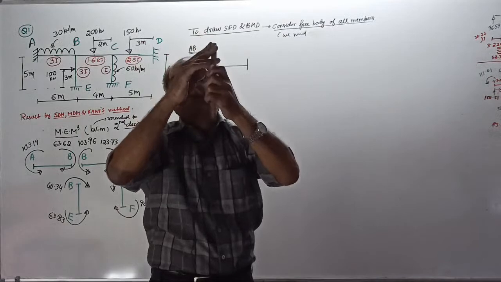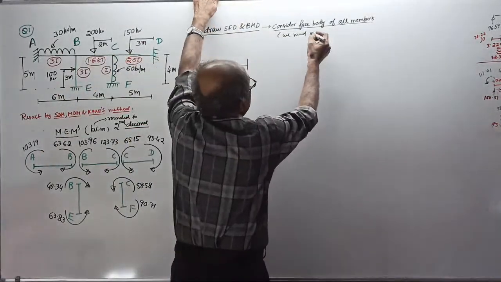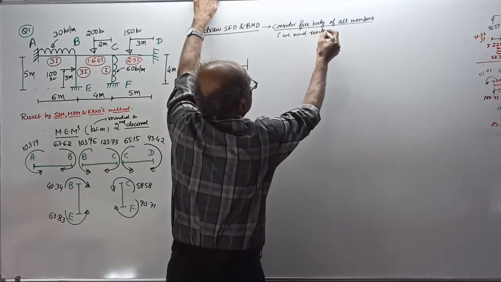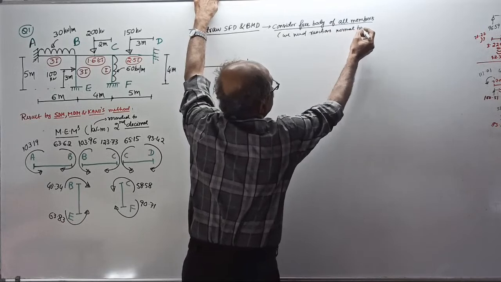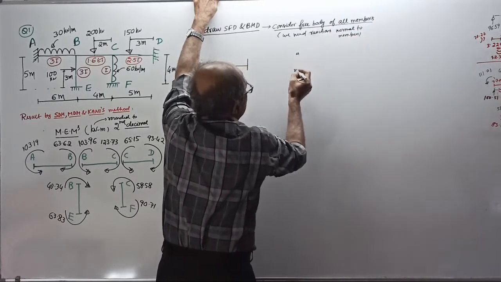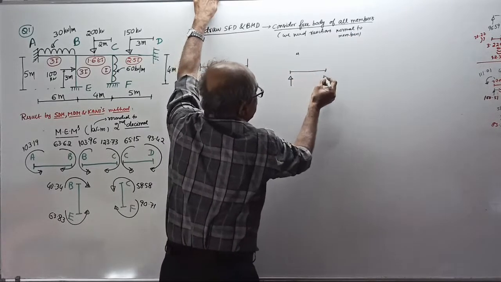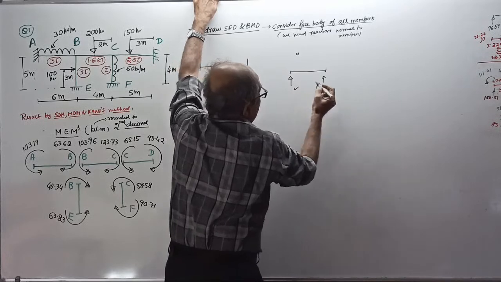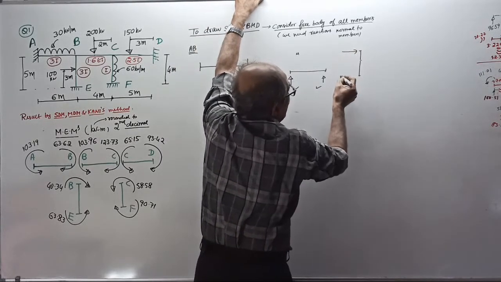For a vertical member, you require horizontal reaction. Or we need reactions normal to members. That is, for a horizontal member, you require vertical reaction; these are required. For a vertical member, you require horizontal reaction.